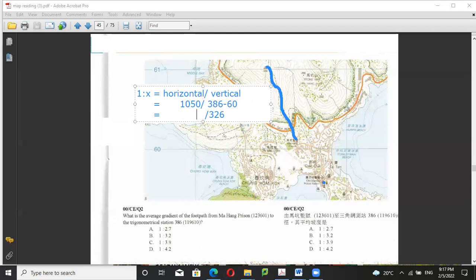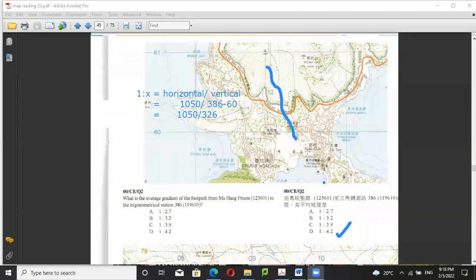So accordingly, if I'm doing the math using 1050 minus the divided 3206, it should be boy. And it is right after I have checked the answer. Then this is the way of working for the vertical gradient.